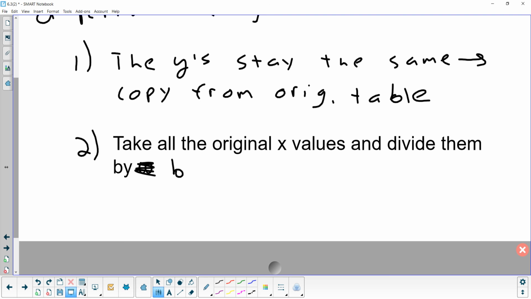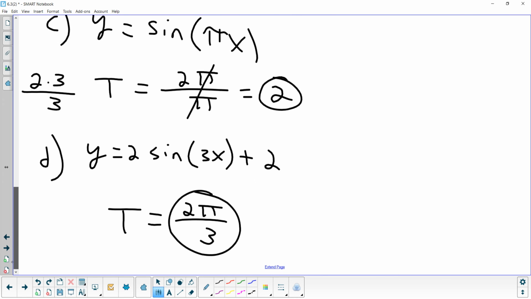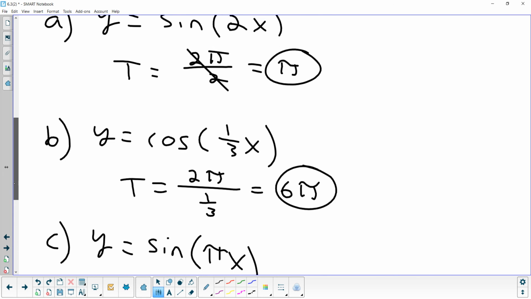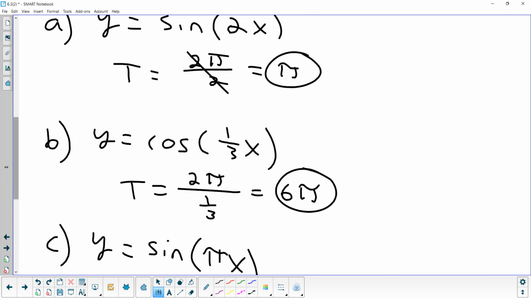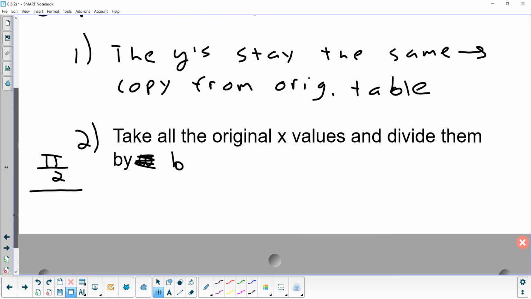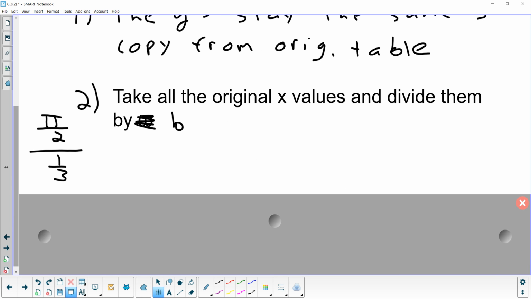Like, let's say this is one of your original x values, pi over 2. And let's say you were doing a problem where b was a fraction, 1/3. Well, that's a mess. That's what it says to do. Take the original x value and divide by b.